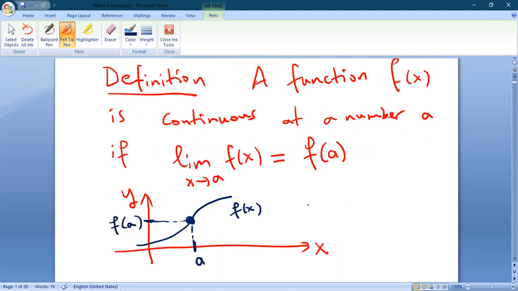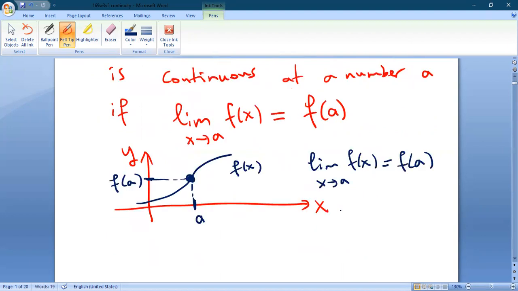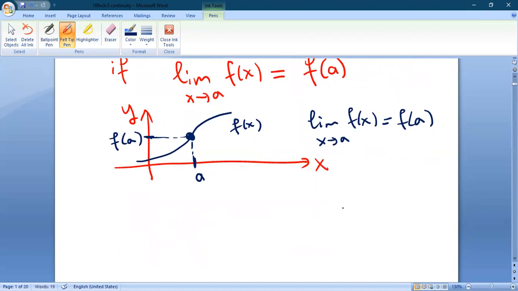As you see, the limit as x goes to a of this function is exactly equal to f of a. So if the limit and the value of the function are equal to each other, then we say f is continuous at a.